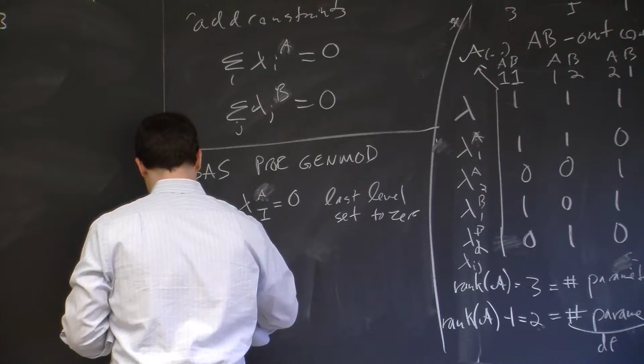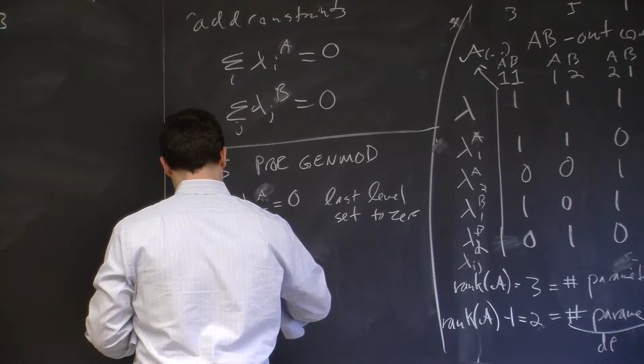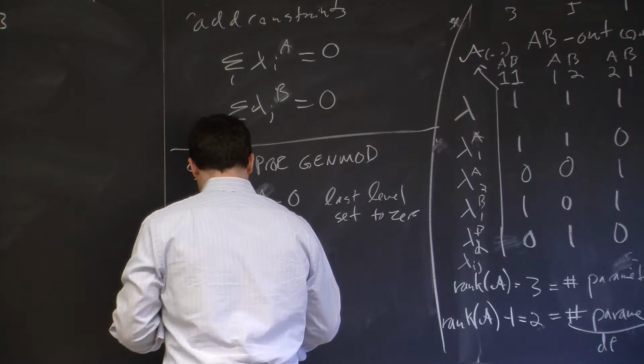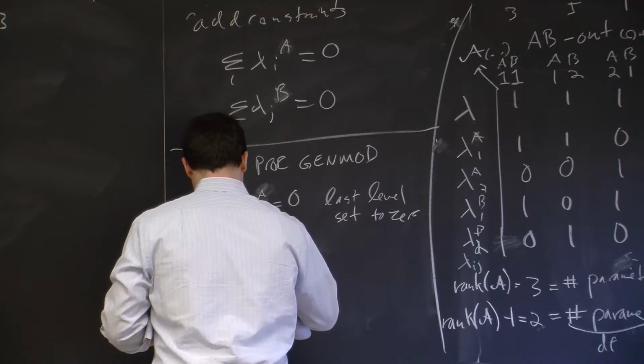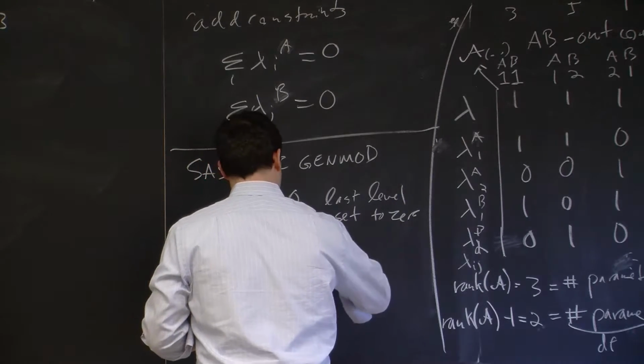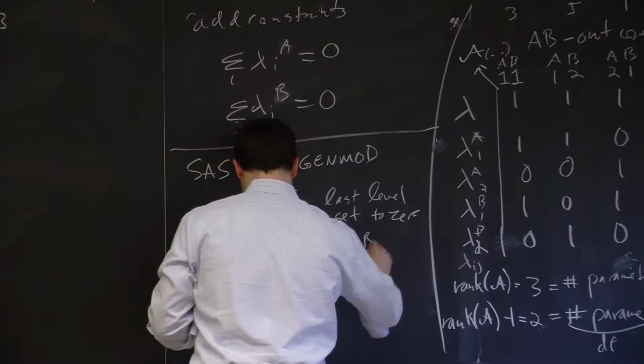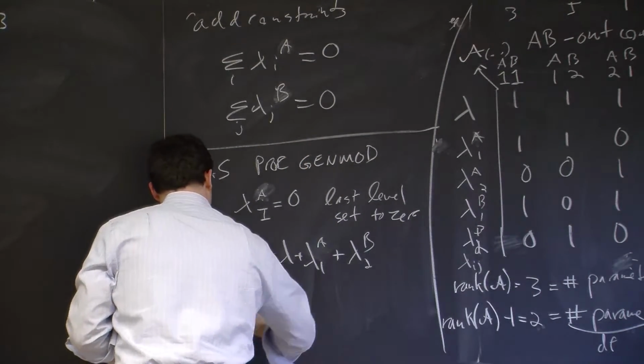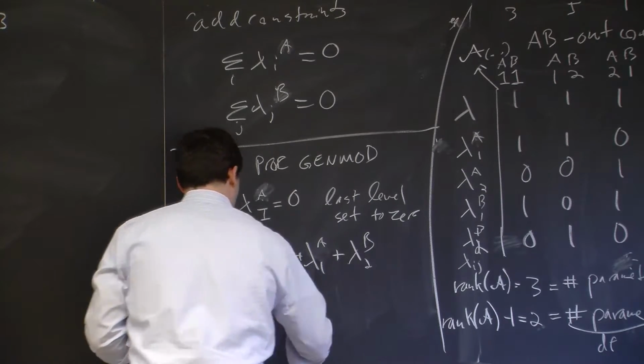So like log mu11 is equal to lambda plus lambda 1a plus lambda 2b, and log mu22 would be equal to what?